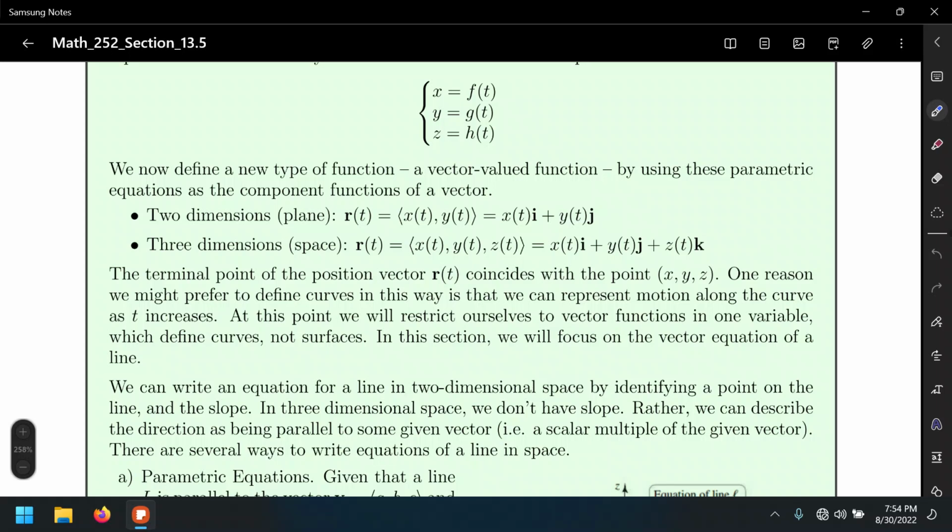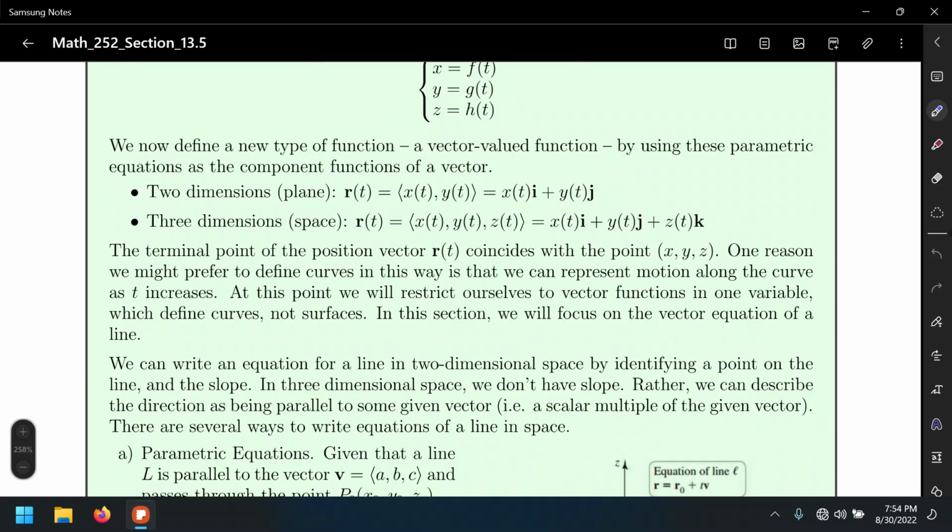All right. Well, in 2 dimensions, we got this notation, x of t and y of t in parametric form, in angle brackets. But of course, we can rewrite this using the i j notation. And in 3 dimensions, we'll just add the z function and a product with the vector k in the direction of k.